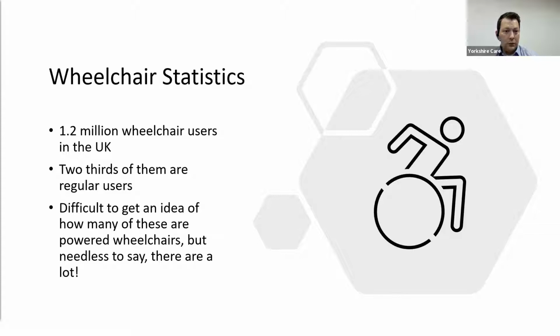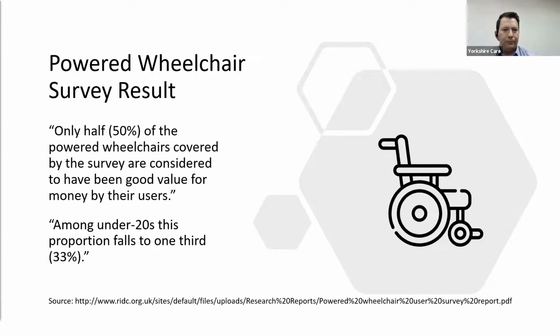I guess we're talking about around 2% of the population. 2/3 of them are regular users, so use a wheelchair quite a lot of the time. It's difficult to get an understanding of how many of those are in power wheelchairs, but when we're into the millions, we're talking a lot of people.